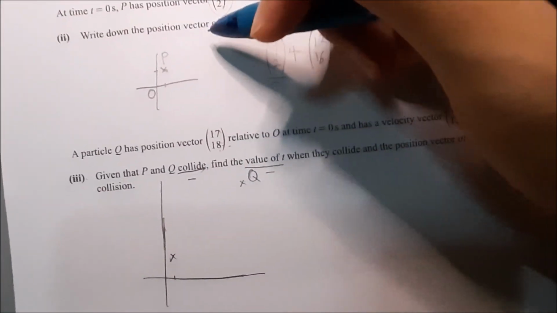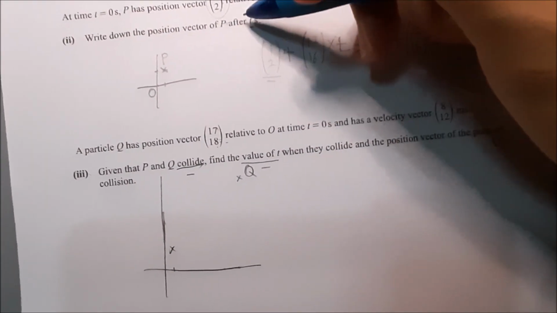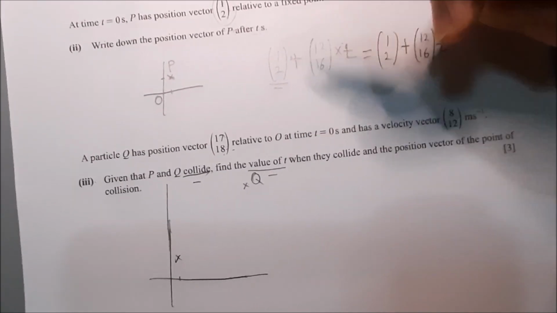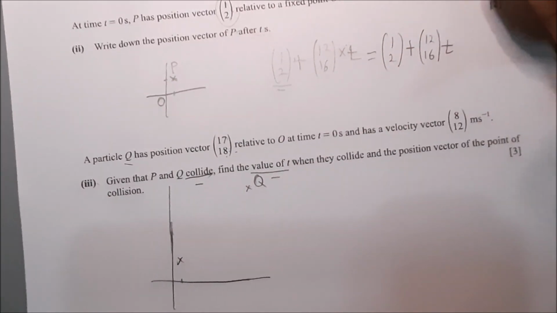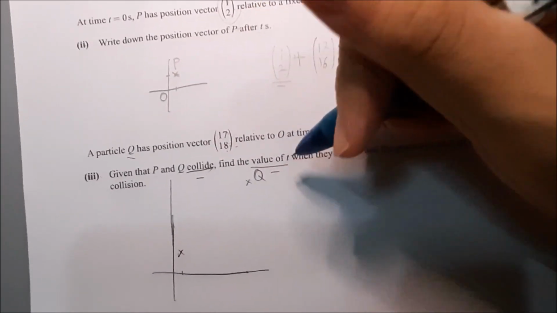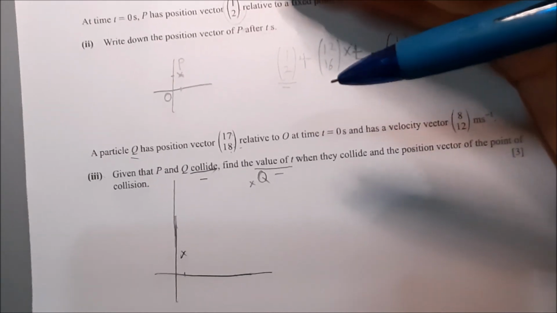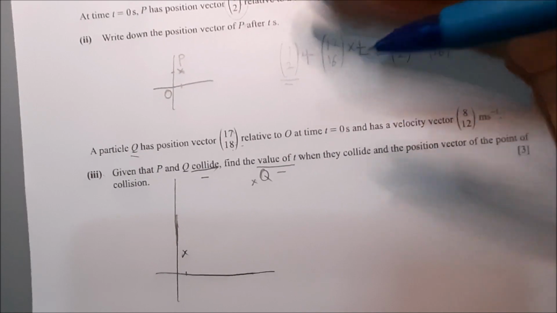It's just like part 2, where you had to get the position vector of P after t seconds. It's the same thing here, where you have to get the position vector of Q after t seconds, because we don't know how long it takes, and we have to find that exact time where they collide.